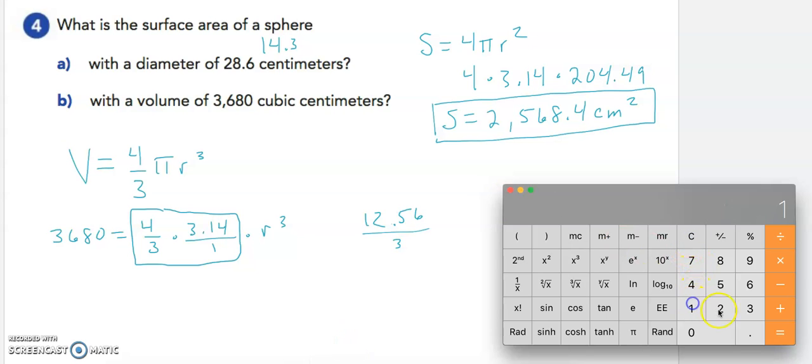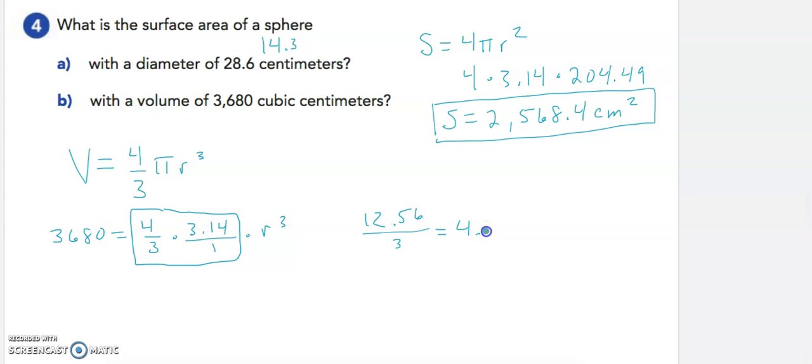So 12.56 divided by 3 equals, let's say, 4.19. So we're left with 3,680 equals 4.19 r cubed. Let's keep going here. Let's get r cubed by itself.